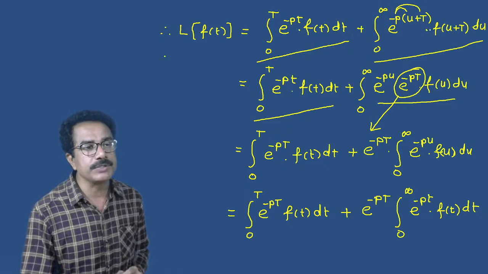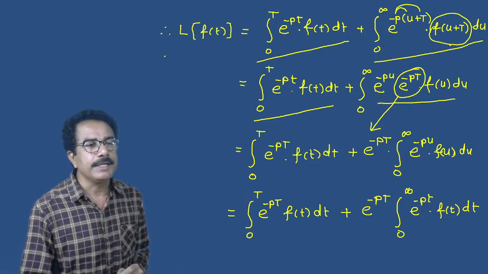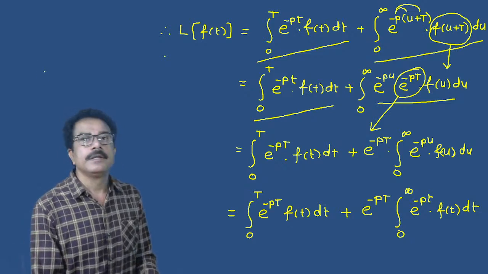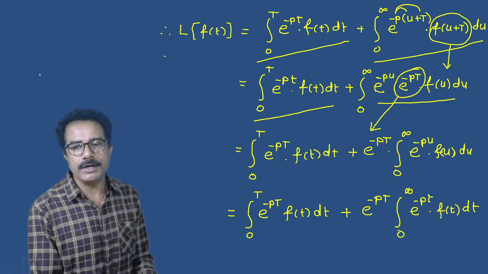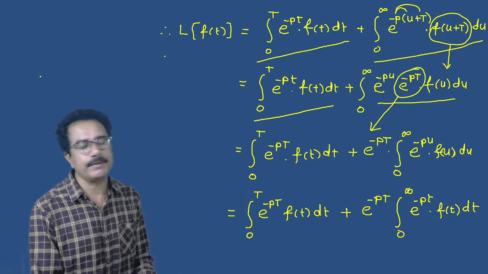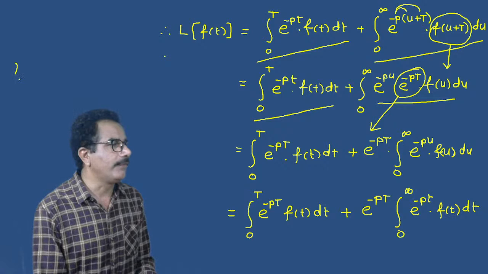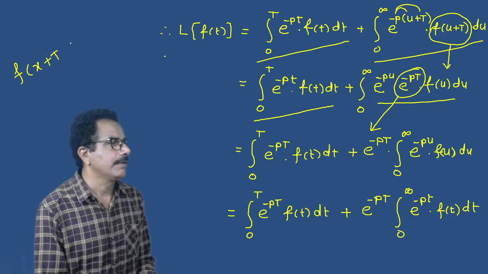And see, this is a very important point. If T is the period of a periodic function, then we can write f of x plus T is equals to f of x.